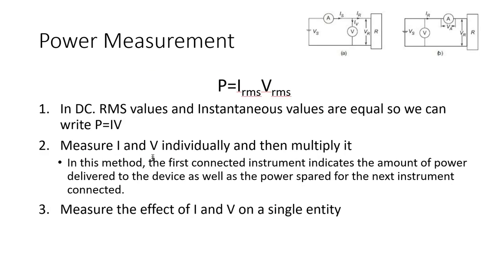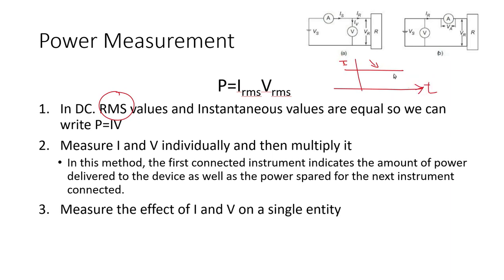In a DC circuit, the RMS values are similar to the maximum values. So in a DC circuit, let's say we have some current, so that current would have the average value equal to the maximum value, because there is no variation in this current with respect to time.